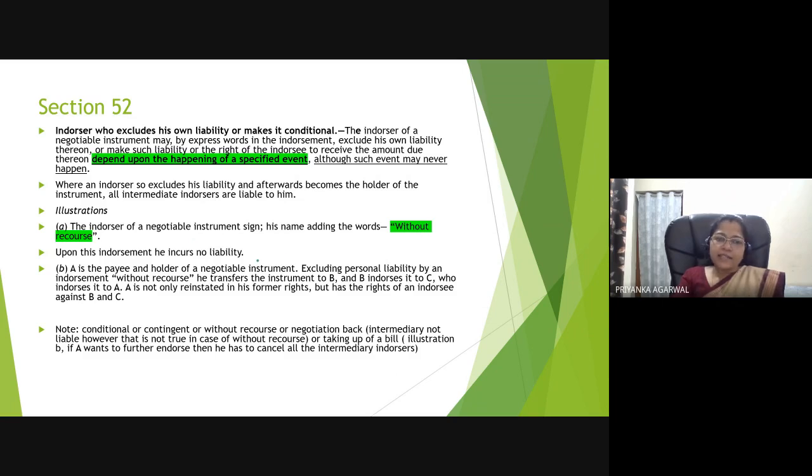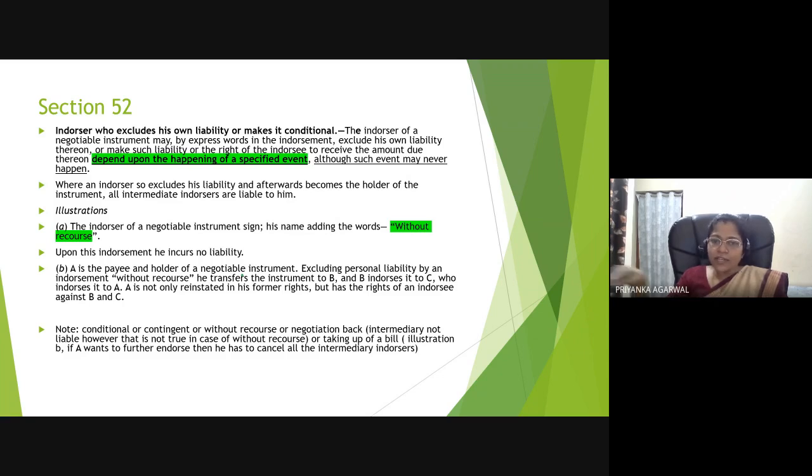Please read this example. A is the payee and holder of a negotiable instrument. Excluding personal liability by an endorsement without recourse, he transfers the instrument to B, and B endorses it to C, who endorses it to A. A has not only reinstated his former right, but has the right of an endorsee against B and C. A has endorsed that instrument, but at the time of endorsing, he mentioned without recourse.